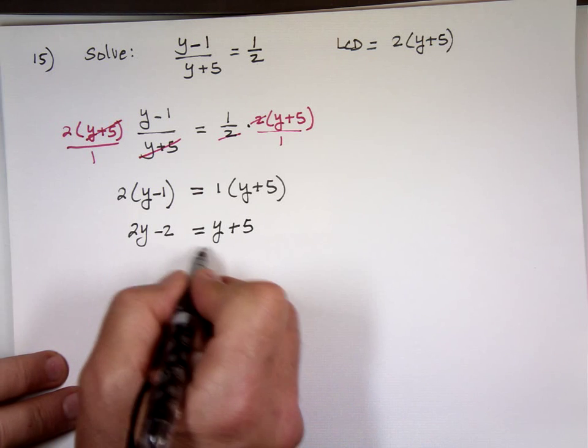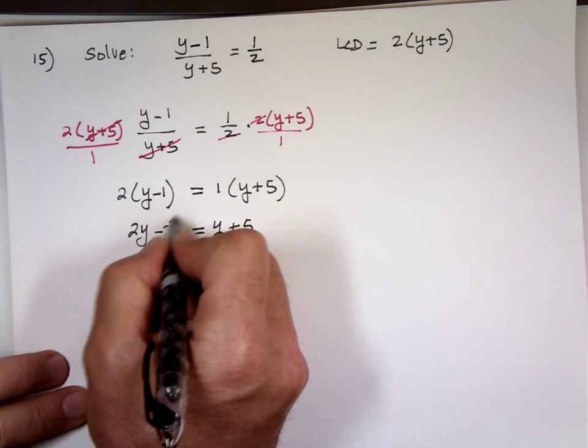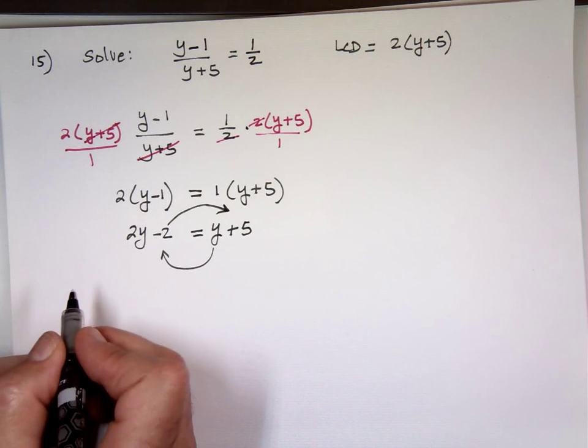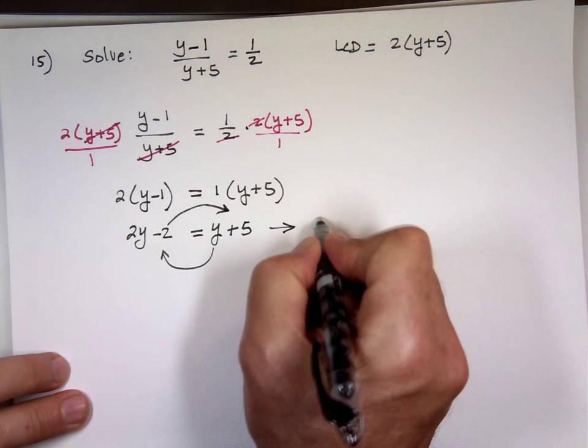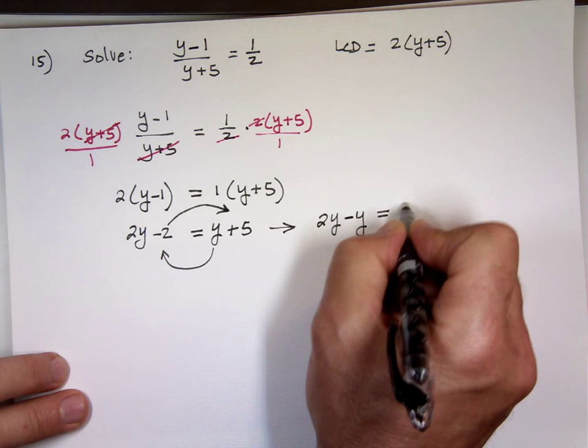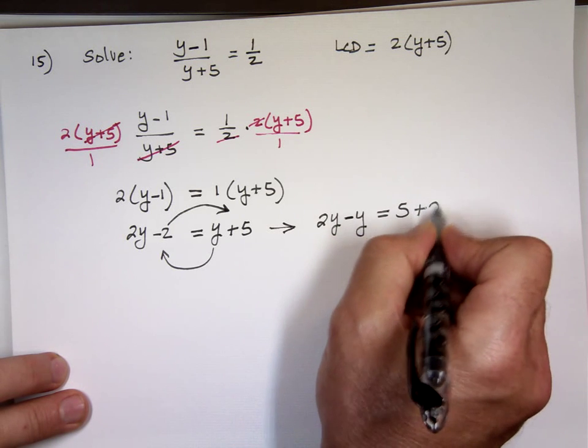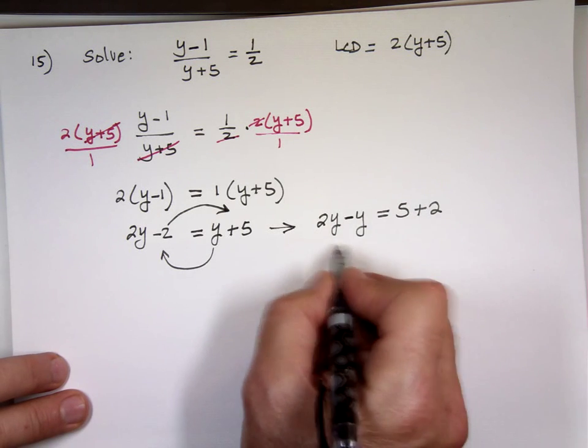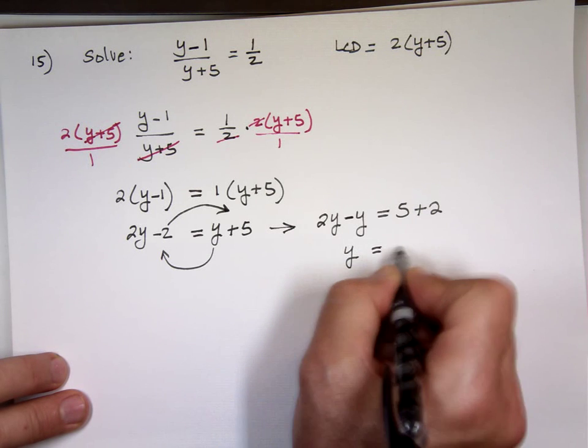Move the y to this side, move the negative 2 to that side. Change sign. 2y minus y equals 5 plus 2. What's 2y minus y? y equals 7.